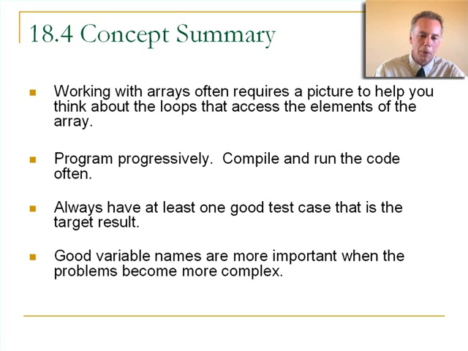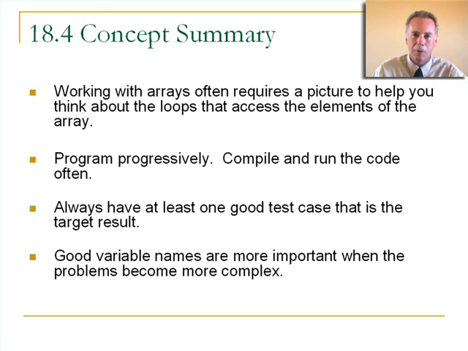Speaking of that, one of the ways of making it easier on yourself is to program progressively. Write a very small amount of code and test it each time. And if you do that, you'll get faster and faster at it. And you'll gradually decide that you don't need to test every line every time you write it, but you can put in a few more lines and a few more lines.